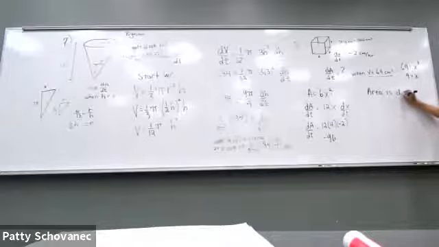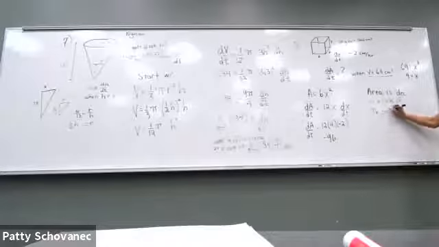Area is decreasing. So what are your units on area? Centimeters squared, at a rate of 96 centimeters squared per hour.